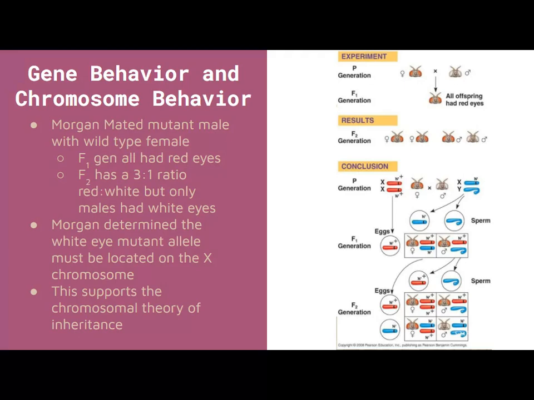And if we cross heterozygotes together, we will have our 3-to-1 ratio. Let's see how that happens. Okay, so this experiment right here is how we got to the point where the way chromosomes behave actually supports Mendel's theory of genetics, using his Punnett squares and showing how chromosomes behave during meiosis.